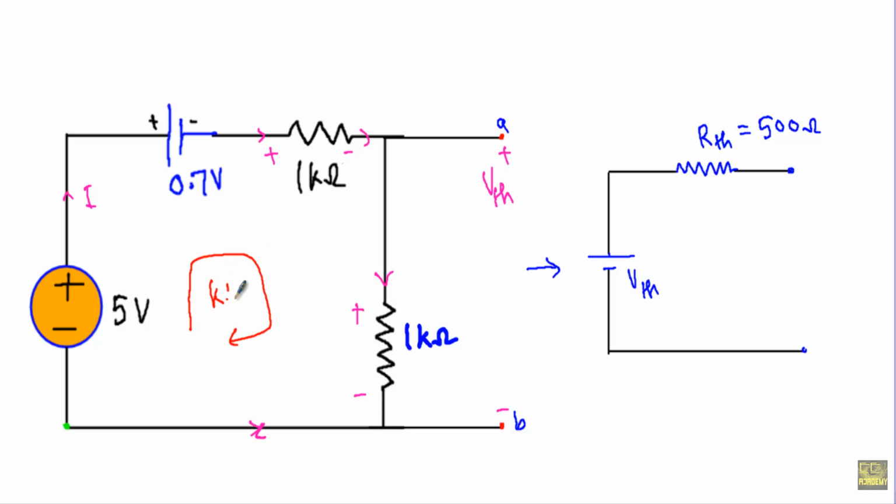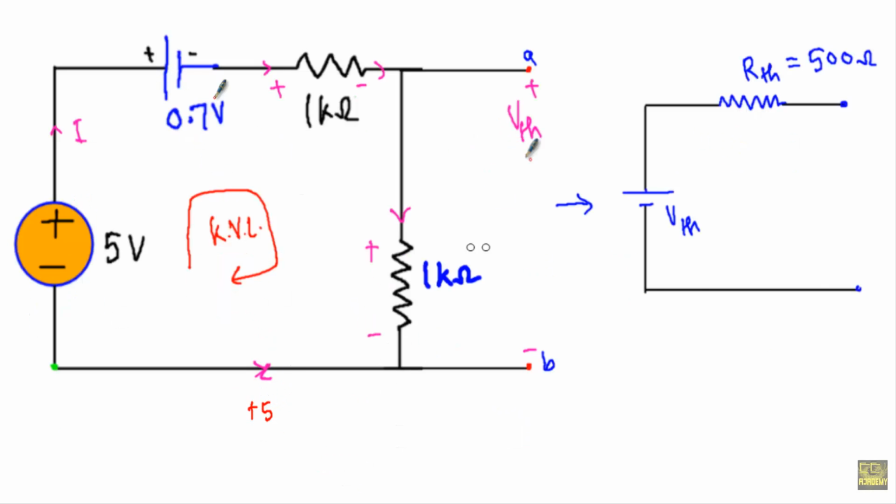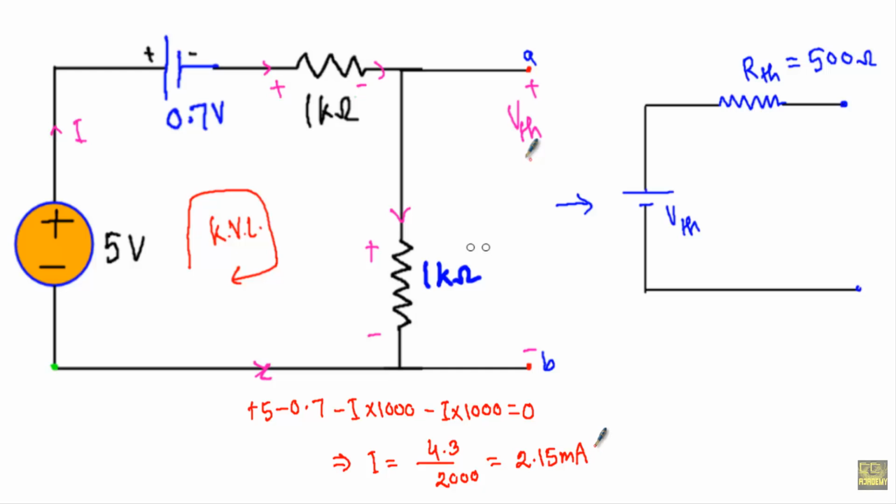KVL in this circuit. If I apply KVL, you will see I will get plus 5 minus 0.7 minus I into 1000 minus I into 1000 equal to 0, from which I can calculate I equal to 4.3 divided by 2000, which will be equal to 2.15 milliampere.